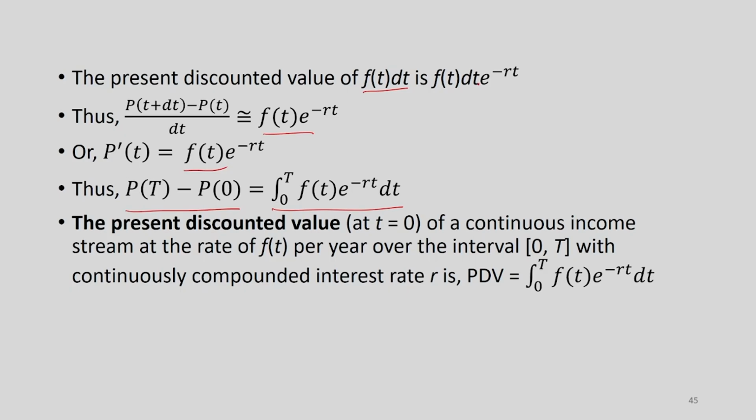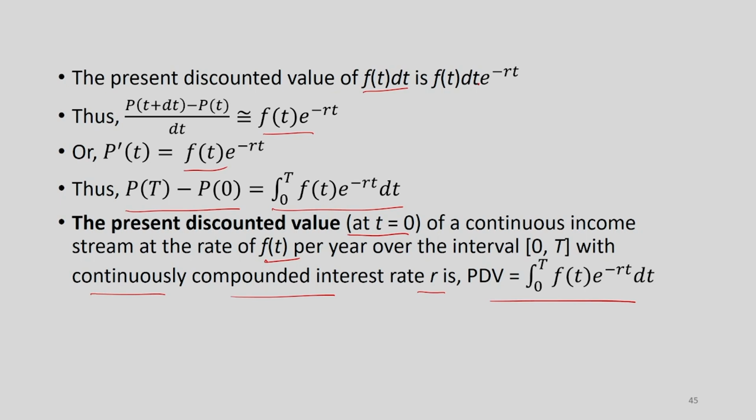The present discounted value evaluated at t equal to 0 of a continuous income stream at the rate of f(t) per year over the period 0 to T with continuously compounded interest rate r is given by this expression. Okay, so, this is the expression for present discounted value.